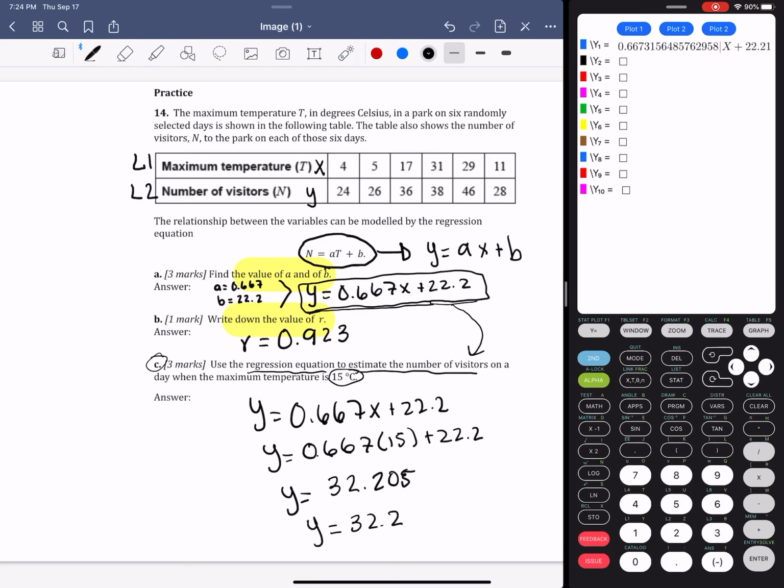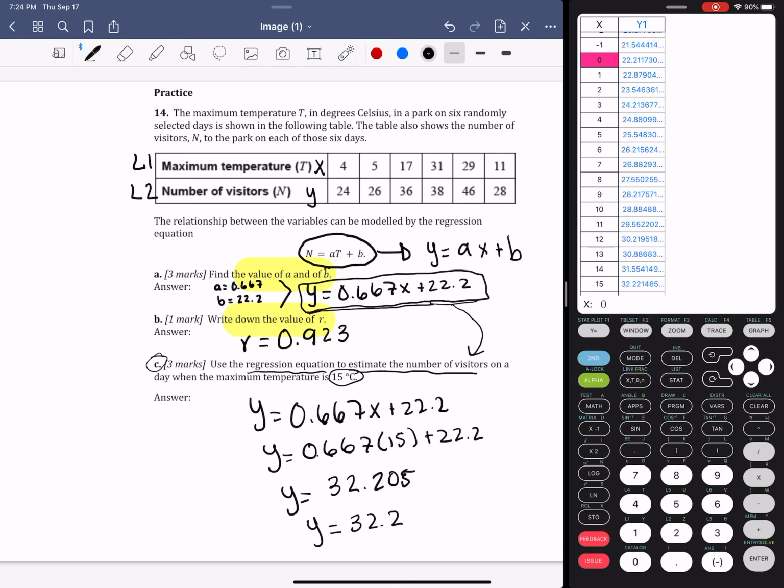You're going to go to second, the blue button, and then graph. Now, in here, you get all of your x values. So again, you can scroll all the way down until you get to 15, and your answer is 32.2214, and so on and so on.